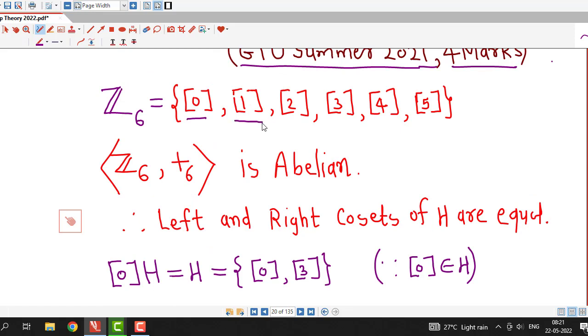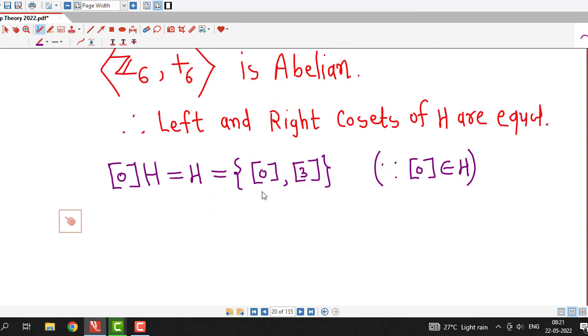Second element is 1, and 1 is not present in the subgroup H. So we use the definition to decide the left coset corresponding to this 1. By the definition, we can write this as 1, where the operation is addition modulo 6 and the elements of the subgroup are equivalence classes.